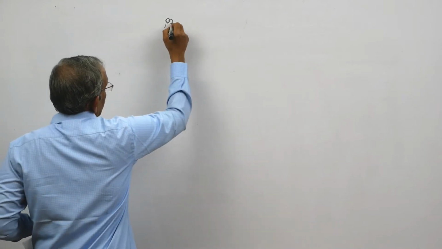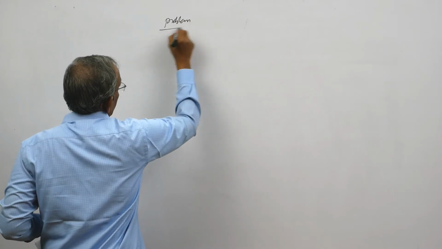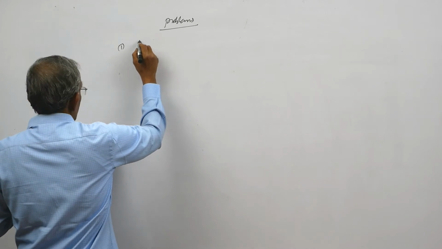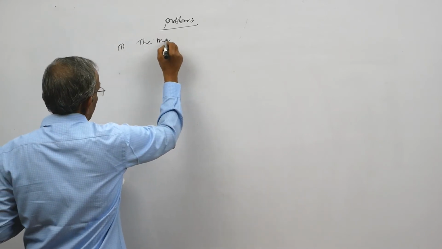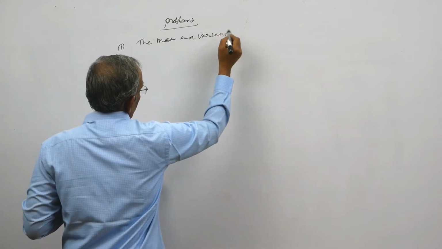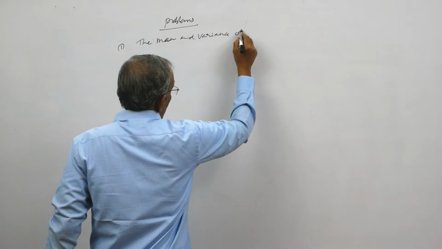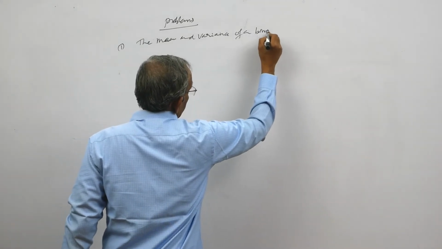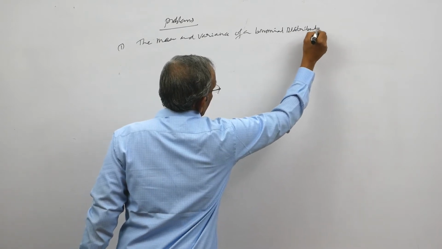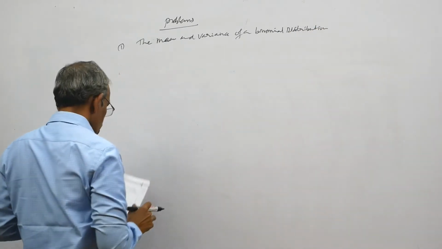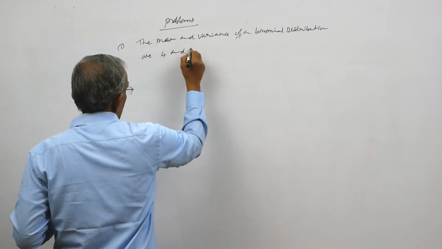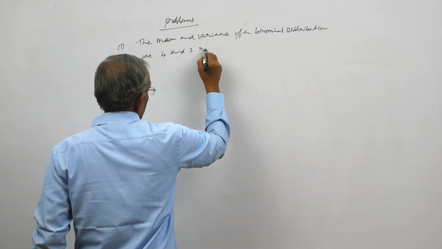First problem, the mean and variance of a binomial distribution are 4 and 3 respectively.